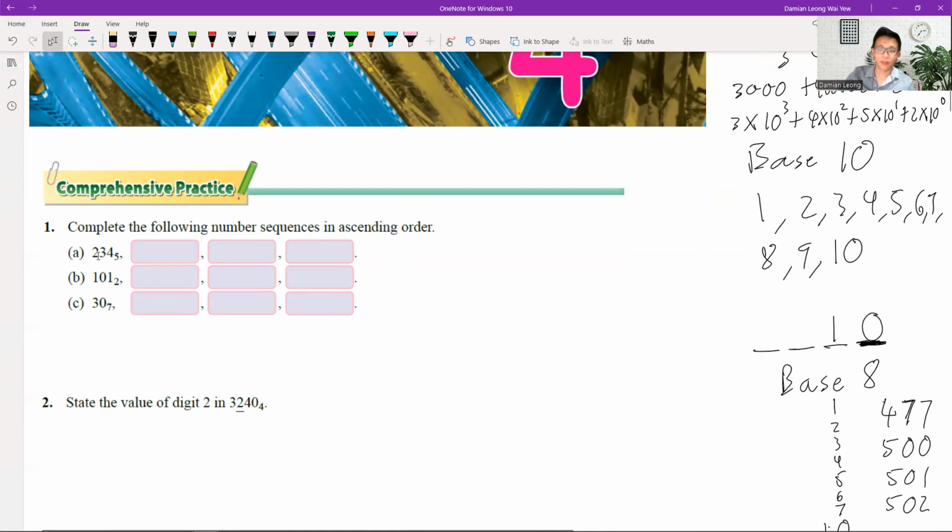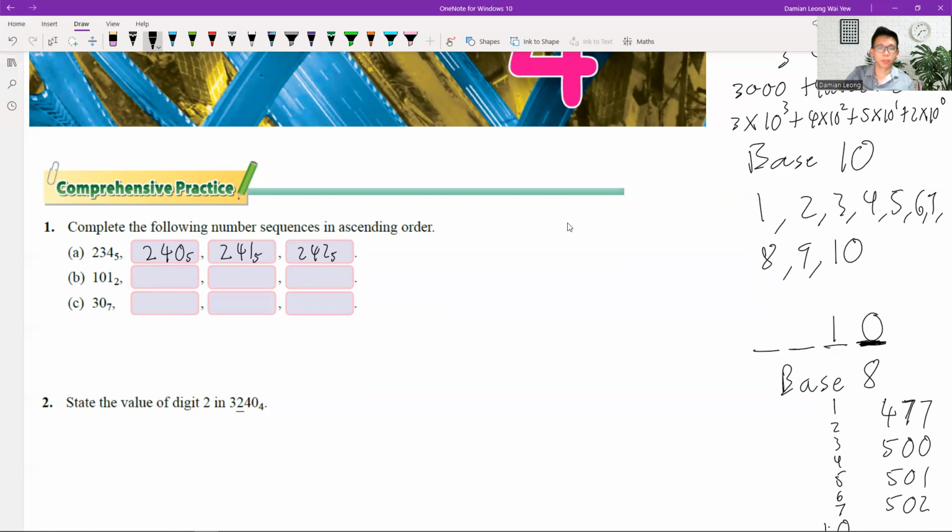Like here, after 2, 3, 4, after 4 is 5, but the base here is 5. So once it reaches 5, it carries over to the next position, becomes 2, 4, 0 in base 5. And then 2, 4, 1, 2, 4, 2. That's how it works.